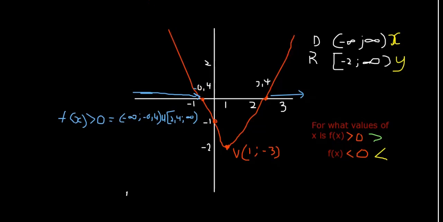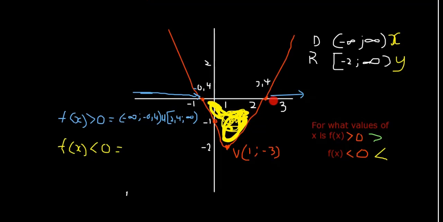Now we come back to where we were asked for f at x less than 0, and the answer is just between 0,4 and 2,4. This is the whole portion from negative 0,4 up to 2,4.